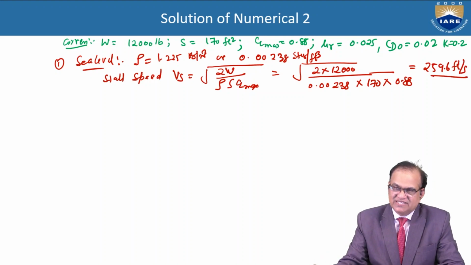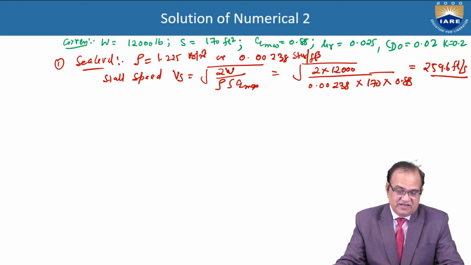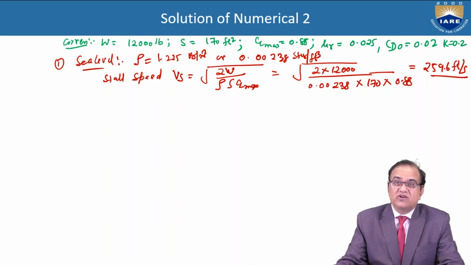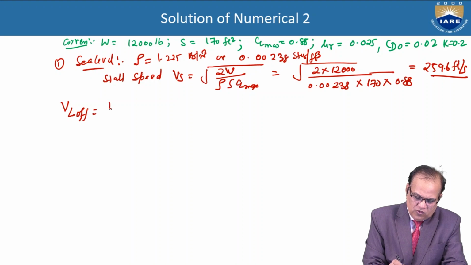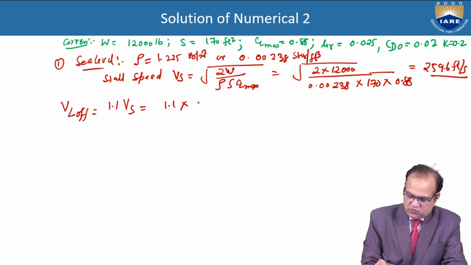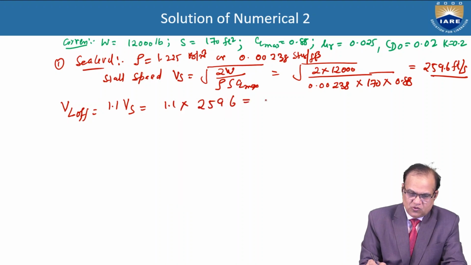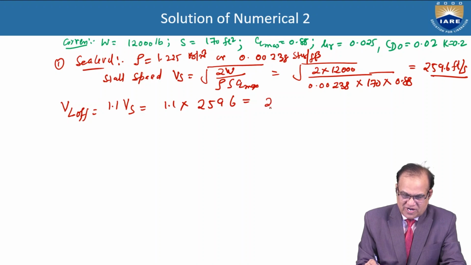So we got this Vs. And we know that there is some relation between Vs and the V liftoff. It is 1.1, 10% extra. So V liftoff is equal to 1.1 Vs. So 1.1 into 259.6, you will get 285.6 feet per second.